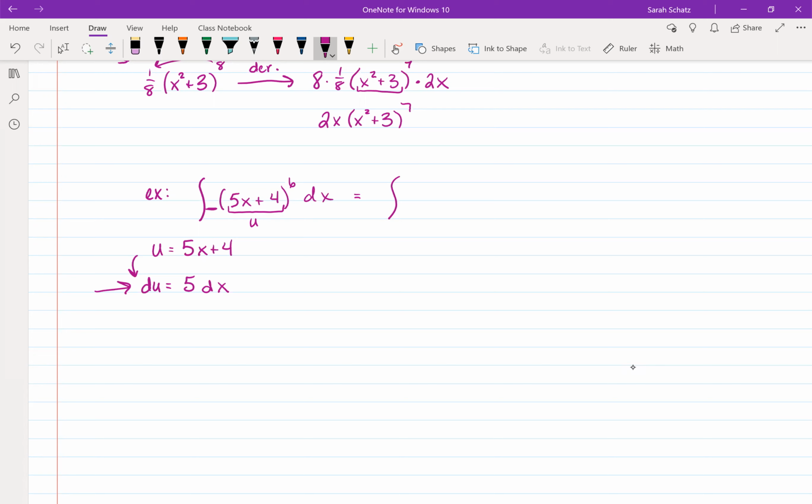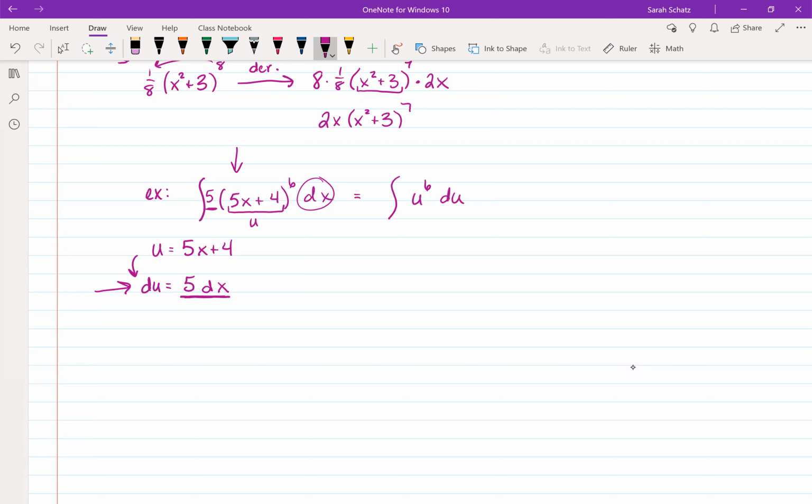So I can see the u to the 6th part. But I have to have a du here, and I don't have all of du present in this problem. I have the dx, but I don't have the 5. So if you wrote du here and just said, oh, it'll work itself out, you're implying that there's a 5 in here when there's not, and you're changing the problem.